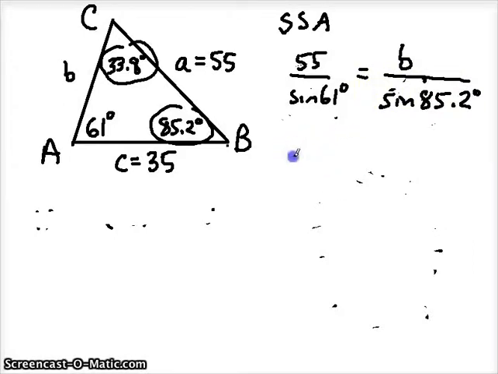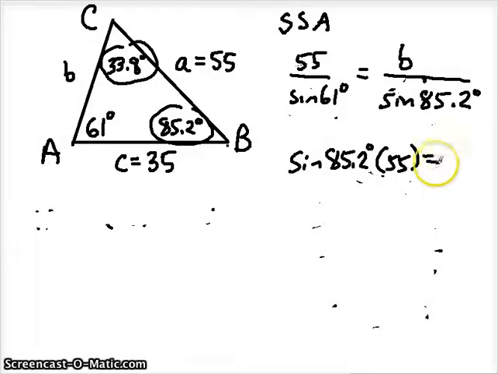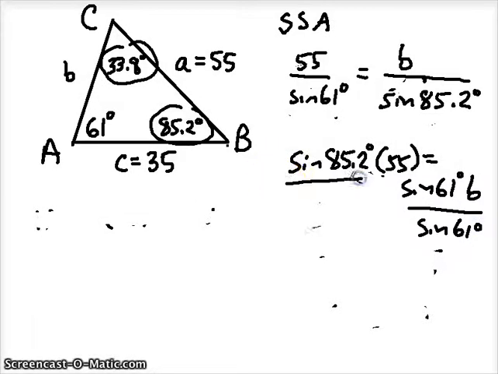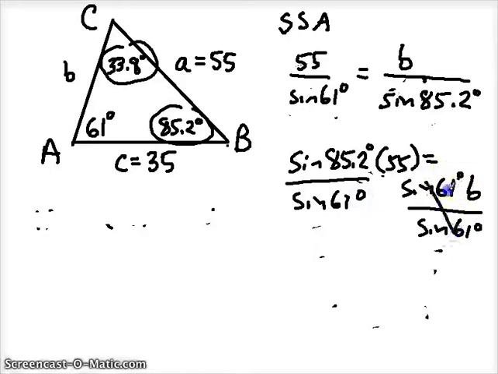Cross multiply and solve again. So whatever this decimal value is times 55, that should be equal to sine of 61 times B. So we're going to divide both sides by the sine of 61 to solve for B. This goes away.